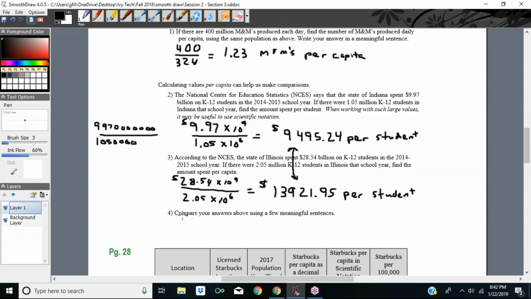So one sentence you could write is something like, Illinois spent about $4,000 more per student than Indiana did in the 2014-2015 school year. So that would be one meaningful sentence.